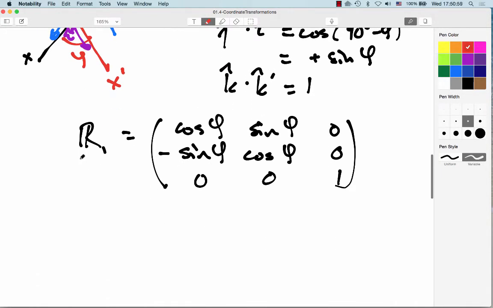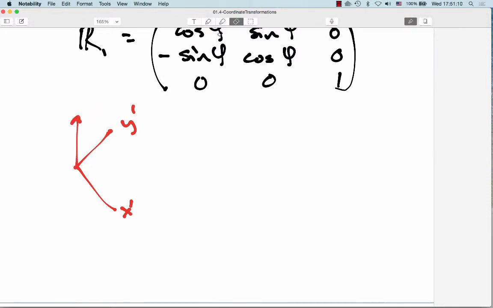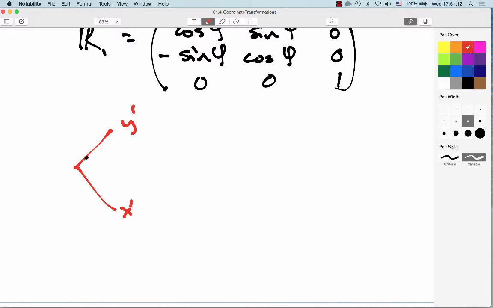So just following what we have from before, here's my x prime, there's my y prime, there's my z prime, like so. And now I'll choose to do a rotation about my y prime axis, and we'll rotate through some angle theta. So this will be my y double prime.